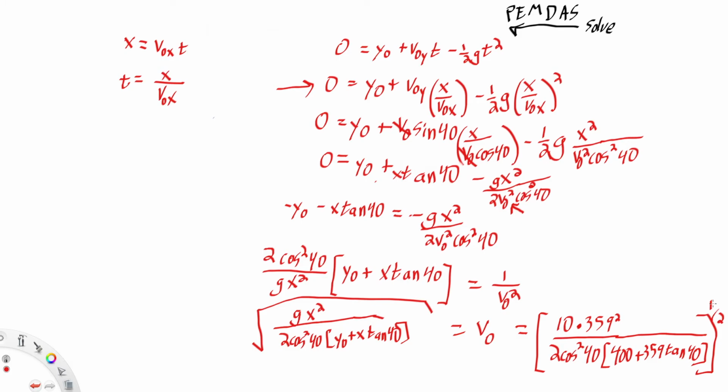So this initial velocity is 39.57 meters per second. Does that seem like a reasonable number? What other things go about 40 meters a second?